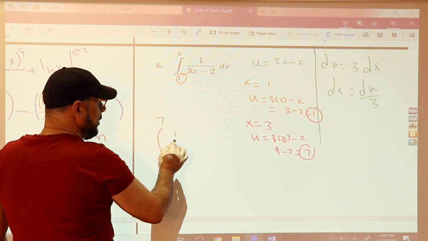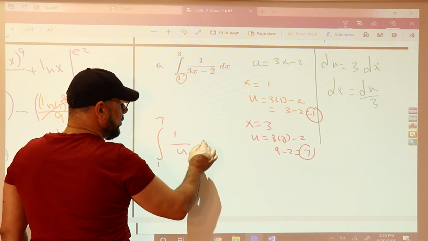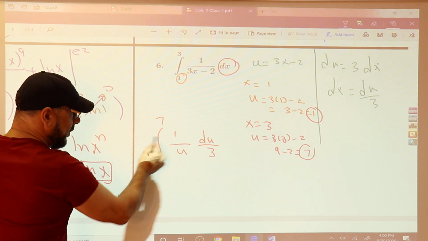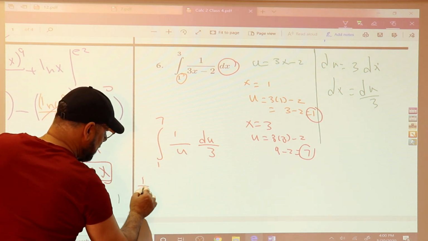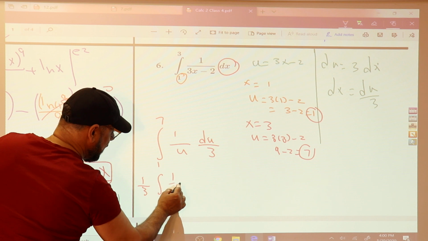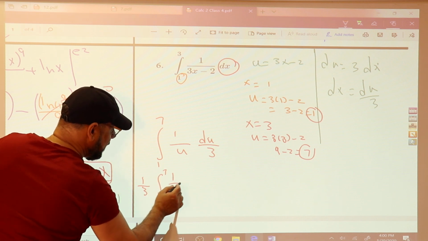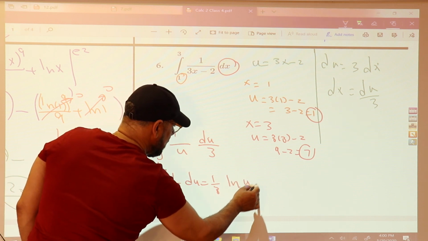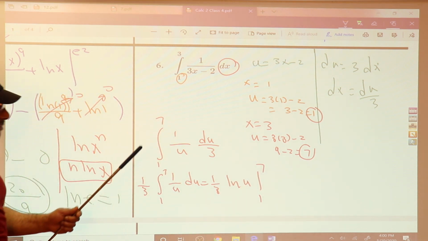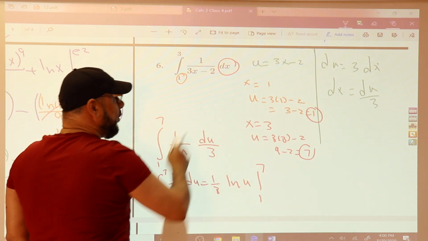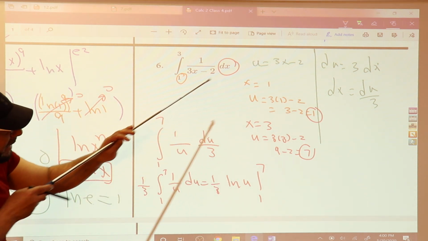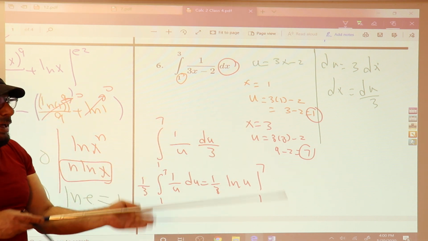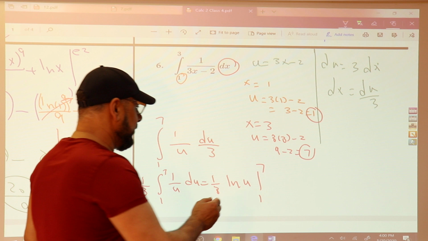1 over u, and this is du over 3, the dx, from there. Now I can take 1/3 out. Integration of 1 over u from 1 to 7 du, which is 1/3 ln u from 1 to 7, right? When it's easy to find the limit in terms of u, I have no problem to do it.